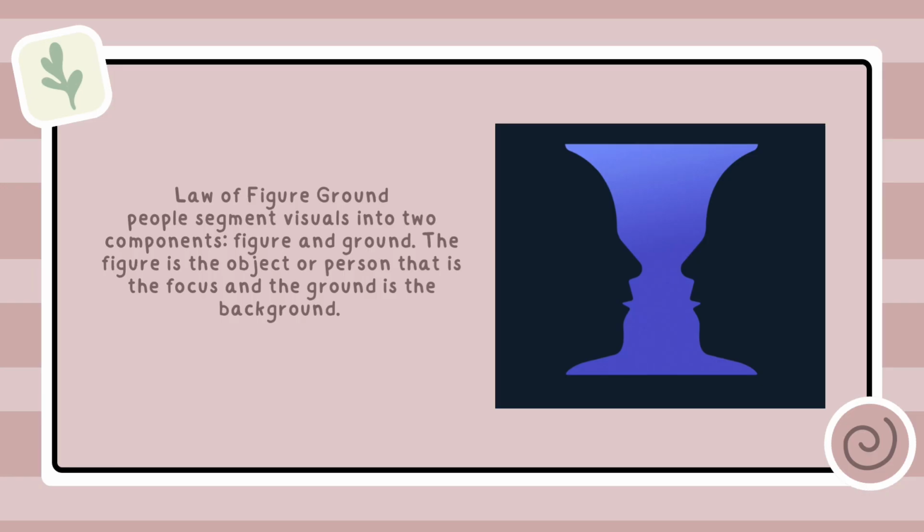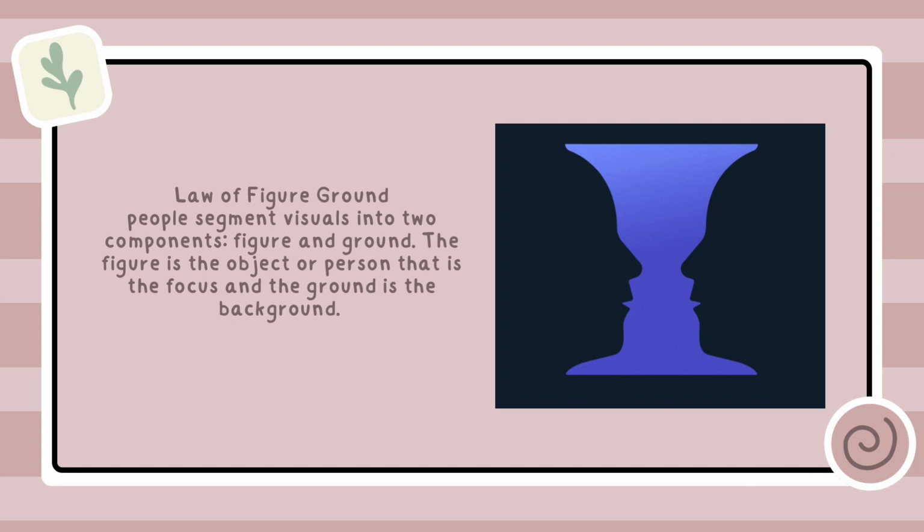The fourth law is the law of figure ground. According to this principle, people segment visuals into two components, figure and ground. The figure is the object or person that is the focus, and the ground is the background. This results in people having widely different interpretations of an image depending on which part they see as the figure or the ground.